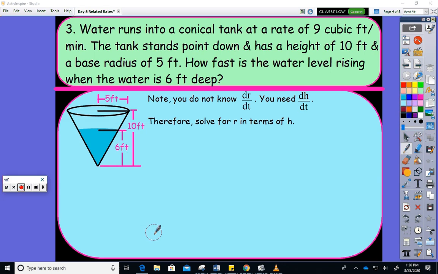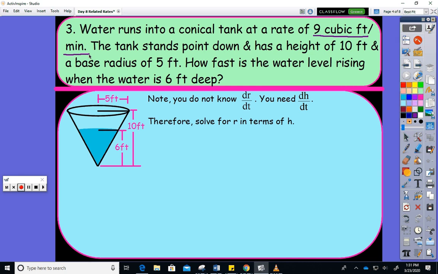All right, so let's look at this third example together. And this gets into the more typical problems you'll see. So if water runs into a cone-shaped tank at a rate of 9 cubic feet per minute. Now, I want to stop right here and mention that 9 cubic feet per minute is a rate.